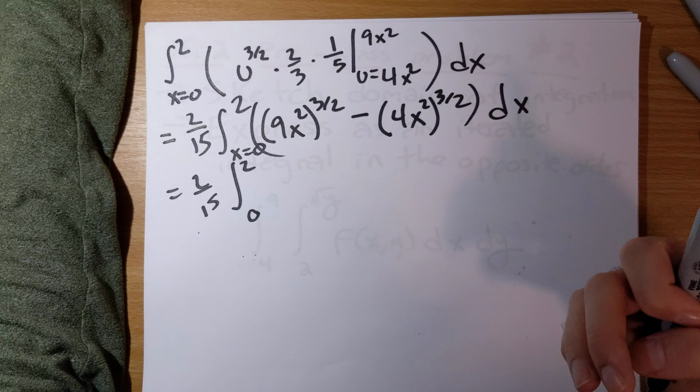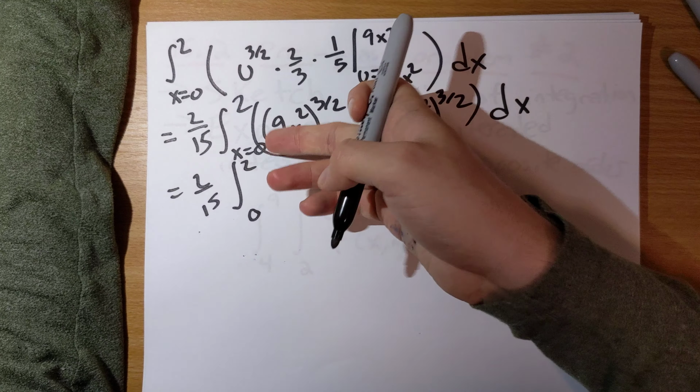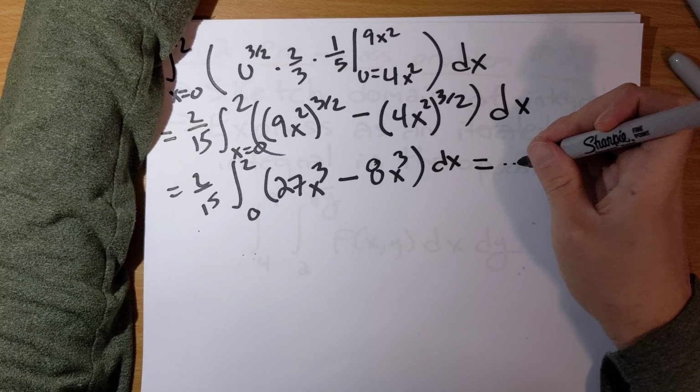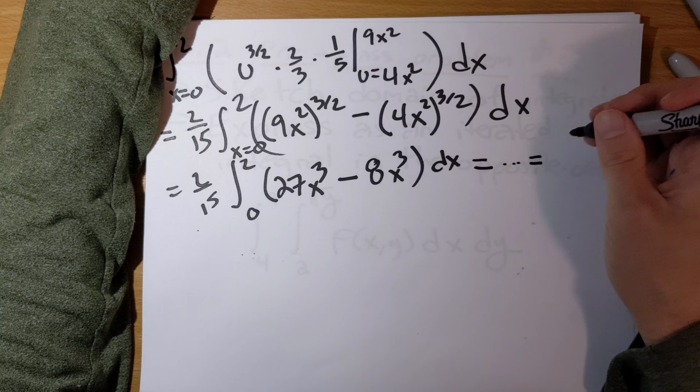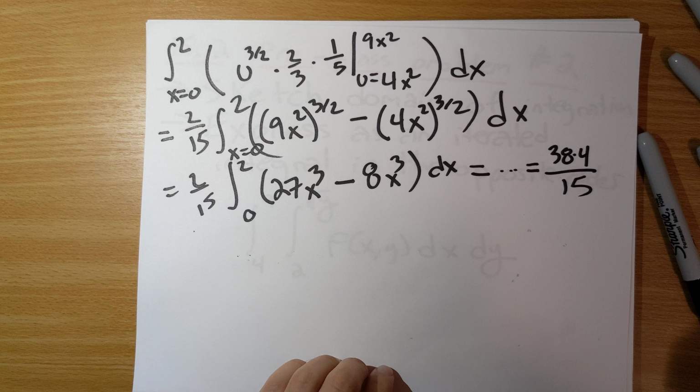We don't have to worry about plus or minus because everything in sight here is positive. And then 3x cubed would be 27x cubed. The square root of 4x squared would be 2x. 2x quantity cubed would be 8x cubed dx. We can combine, and I'm just going to skip the steps here. You end up with 38 times 4, all of that over 15 if you crunch everything out. Very straightforward calculus 1 integral.